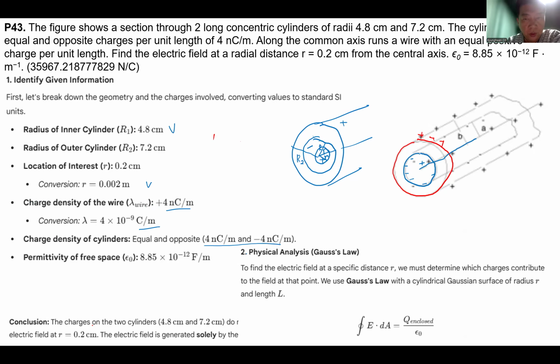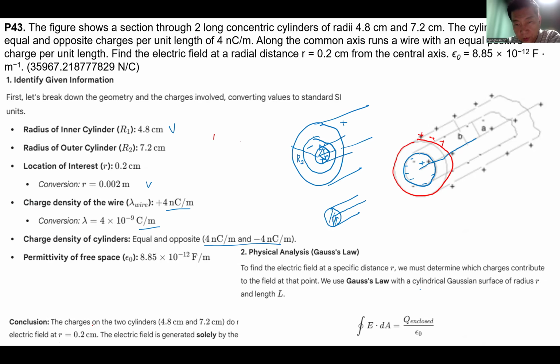Applying Gauss's law, if we use this inner surface as a Gaussian surface, we find that the enclosed charge is only from the wire. This is the simple thing you need to notice.